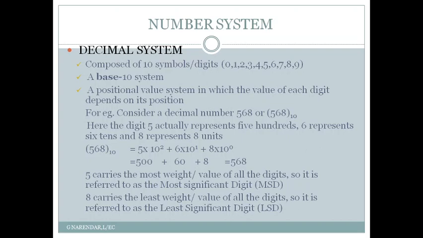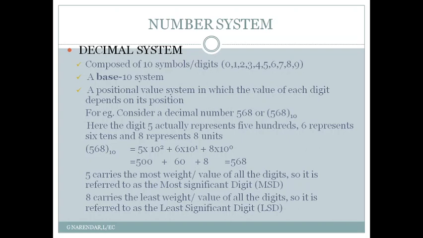And the value the number has can be decided by the positional value of every digit, and each digit's positional value depends on its position in the number, whether it is present at the extreme right or the extreme left or anywhere between. The particular position at which the digit is present gives its positional value.